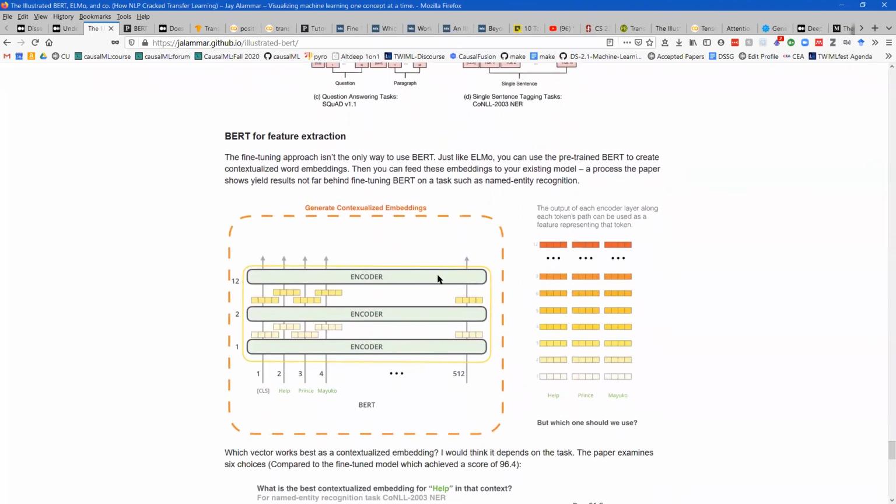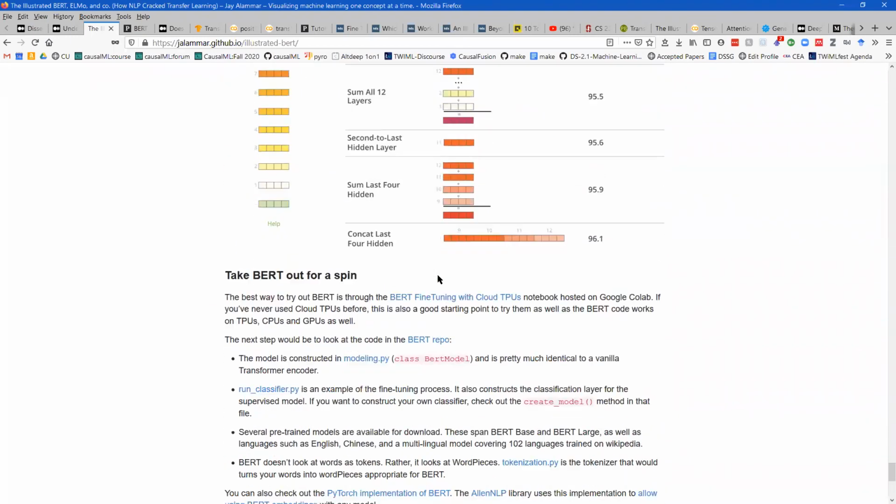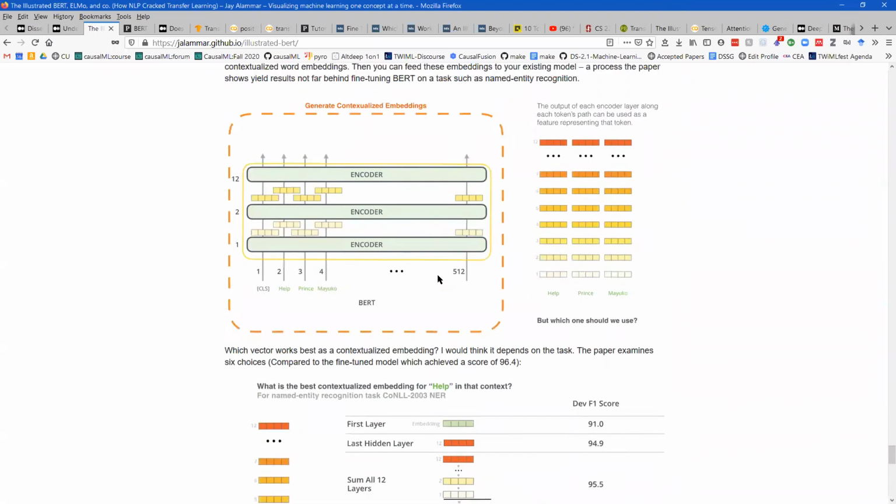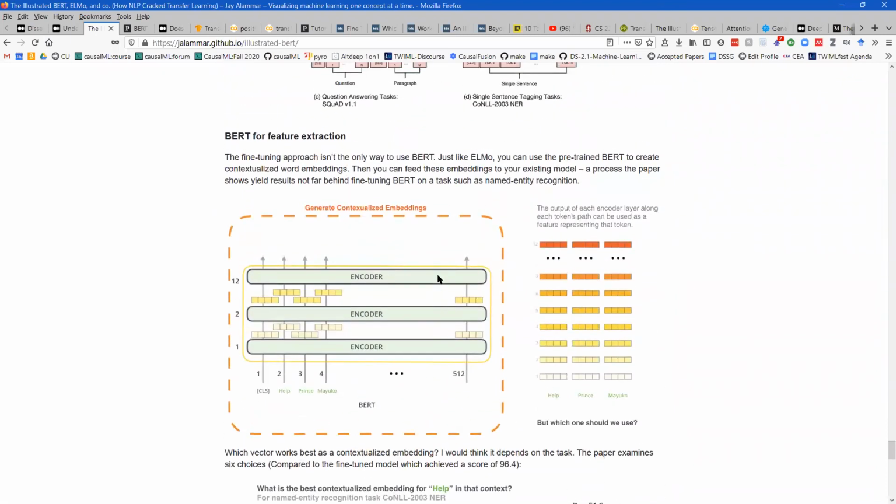And then he says, I think this is the last thing he says, that you can use BERT for feature extraction without even fine-tuning.